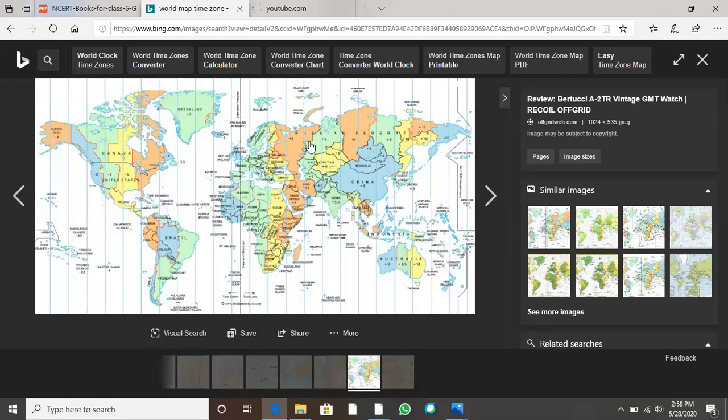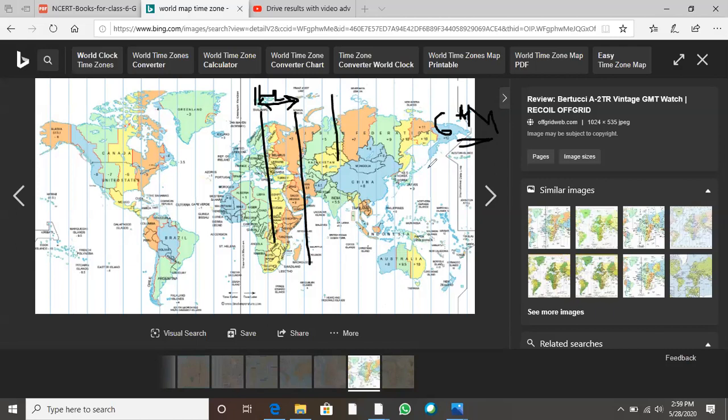Now see, for example, this is 0 degrees, and you started moving from here. For example, you have two longitudes. The time difference between them would be 1 hour. The sunrise comes from east to west. So if it's 6 a.m. over here, this would face the sunrise first because it's in the east.